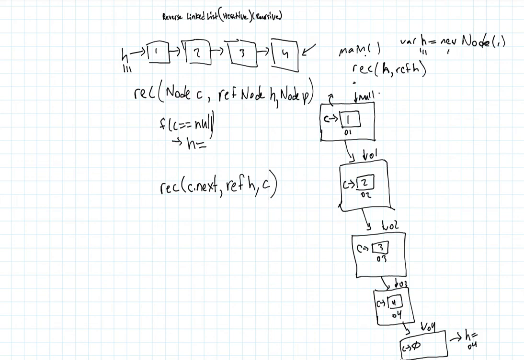So besides the previous, we are also sending a reference of head. Let's not forget it. This is the head and head. So all of my calls have access to head.